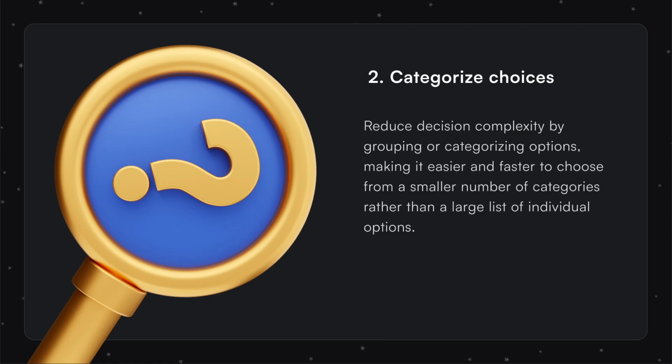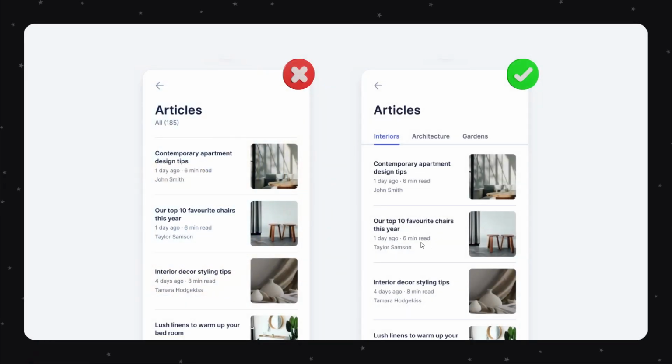So number two, categorize choices. So you should reduce the number of complexities by grouping or categorizing options. So it makes it easier and faster to choose, no, for a smaller number of categories. For example, this one, we have a category that is in total 185, but we know that these articles can be categorized.